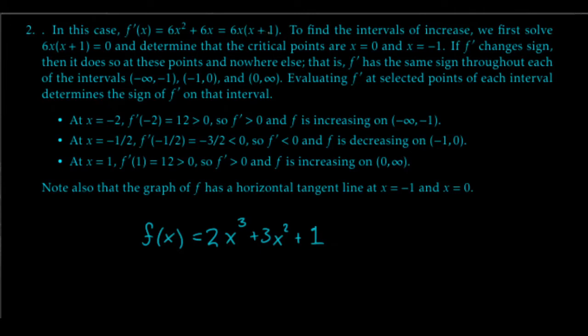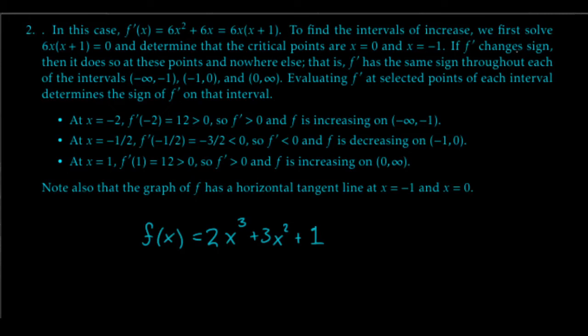Now, we're going to find the intervals of increase and decrease. The first thing we're going to do is set f prime of x equal to 0. Since f prime of x is 6x times the quantity x plus 1, we set that equal to 0, and we can see pretty easily that this is going to be 0 when x is 0 or x is negative 1. These are the critical points of f of x.